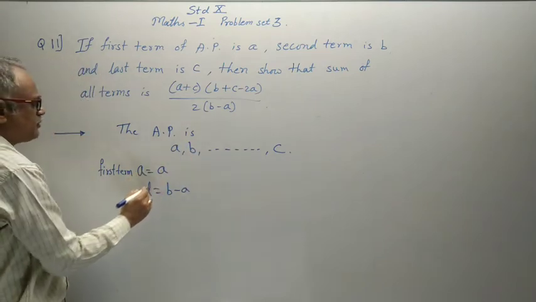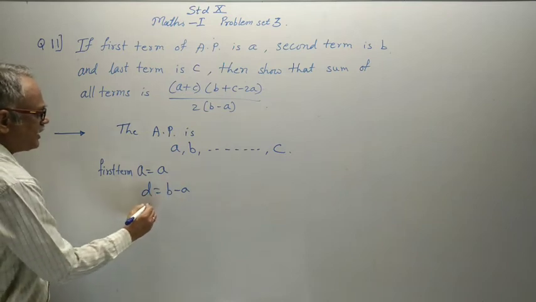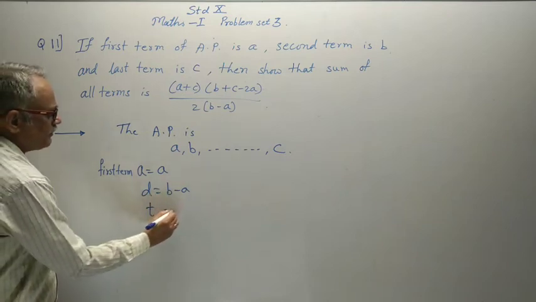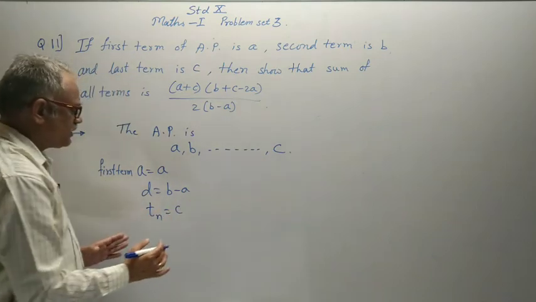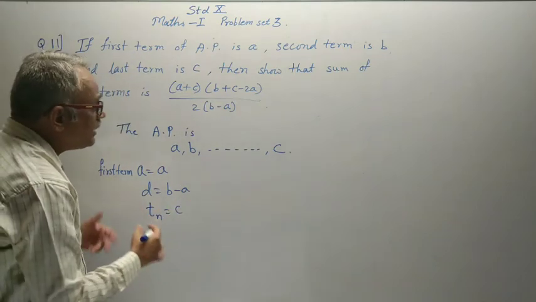So a is A, D is B minus A, Tn is equal to C. So use Tn and find n first, and then find Sn.